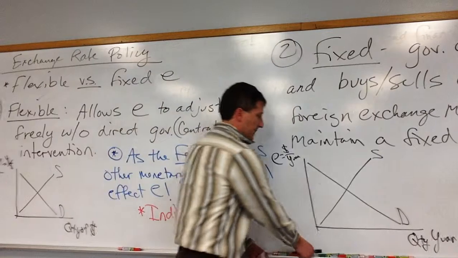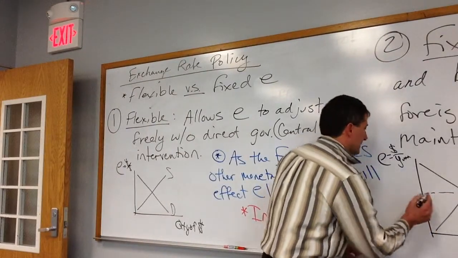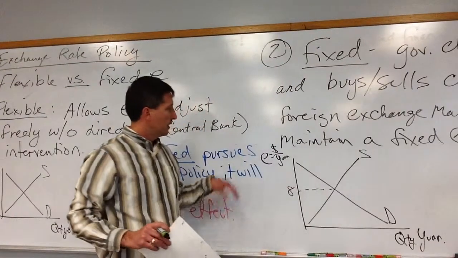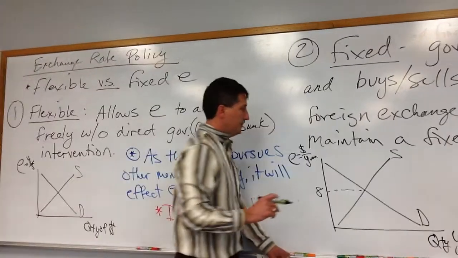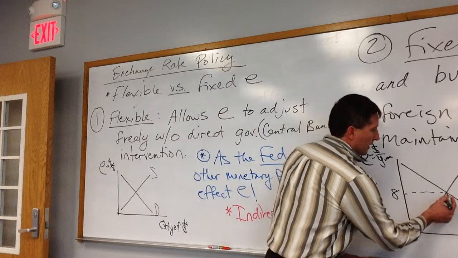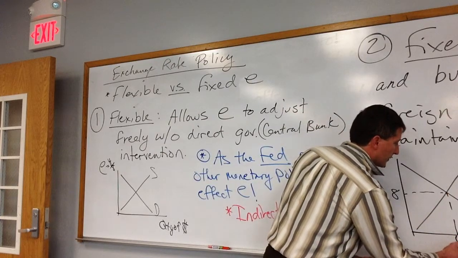if the yuan is currently trading at 8 yuan, and we've got some sort of equilibrium here, let's just call it Y1.